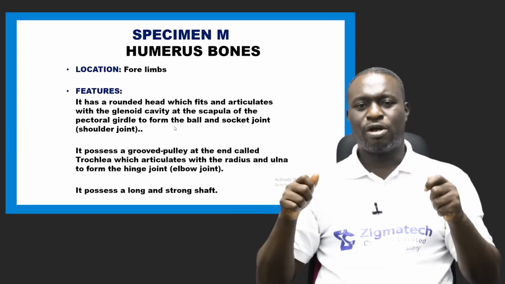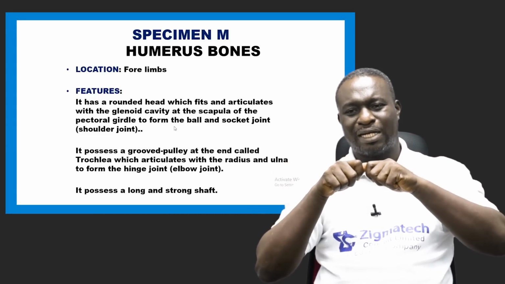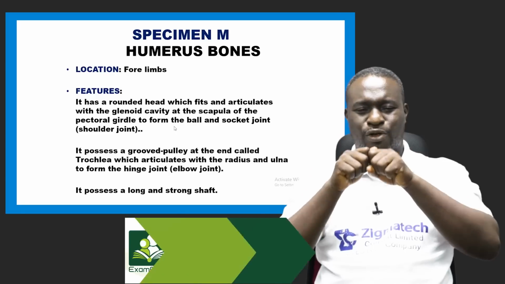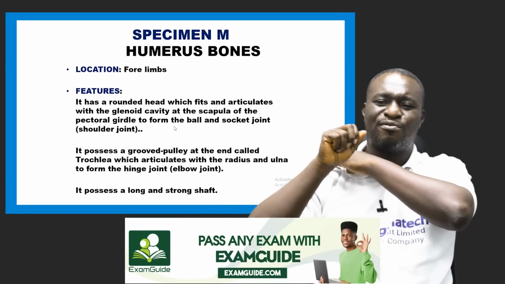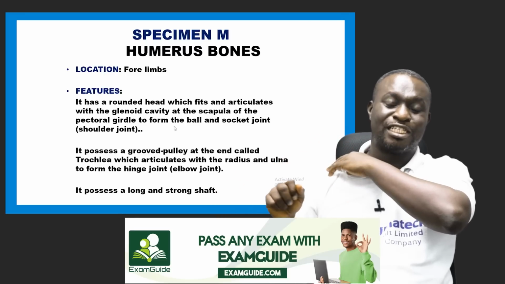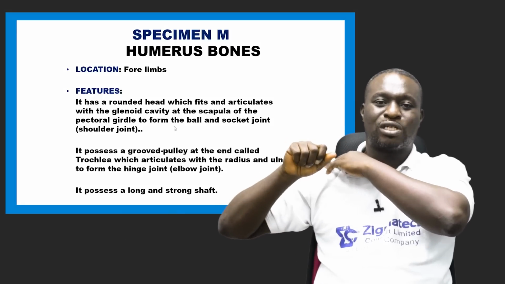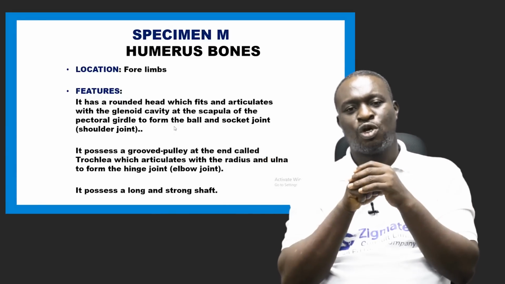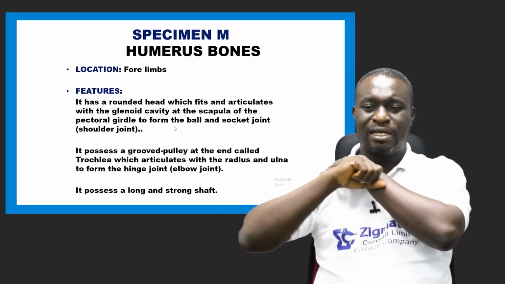But the humerus attaches with the glenoid cavity of the scapula to form the ball and socket joint. Remember the ball and socket joint? It allows movement in every direction. One of the examples of the ball and socket joint is the shoulder joint. The articulation of the humerus with the scapula brings about the shoulder joint.